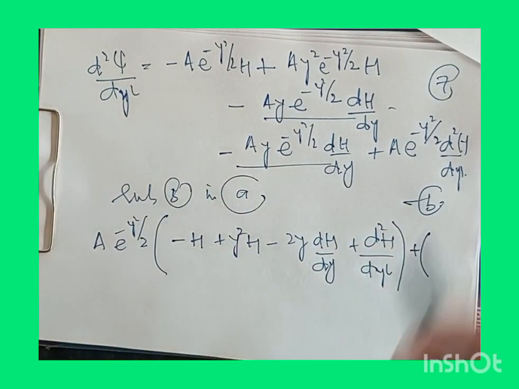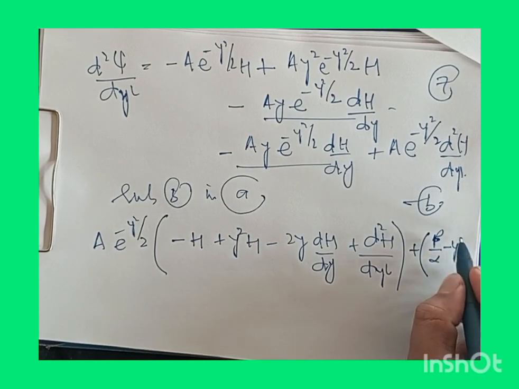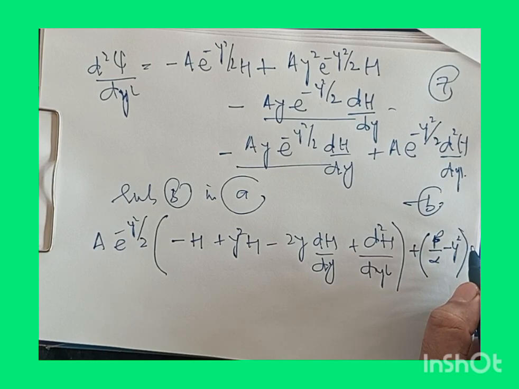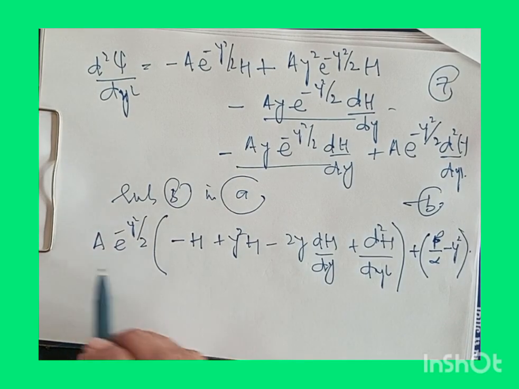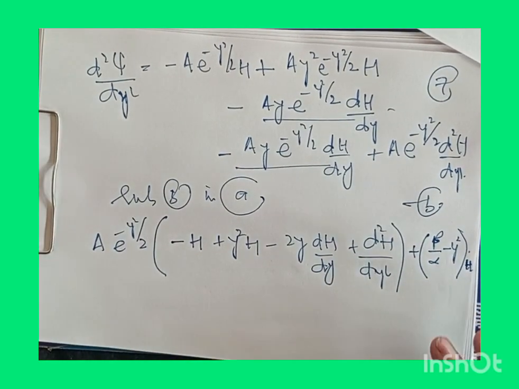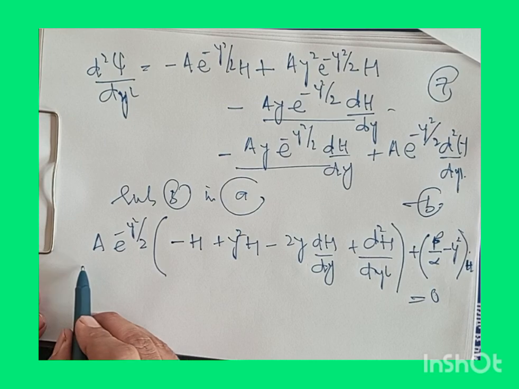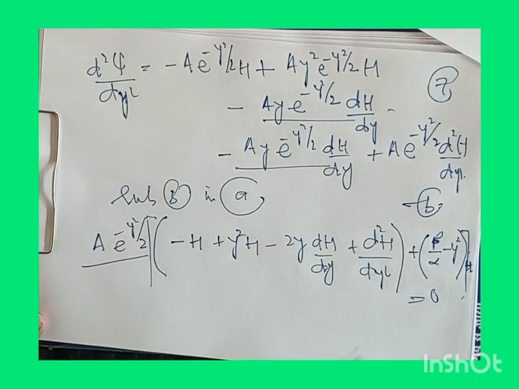Then I have beta by alpha minus y squared times, here I will have for psi the same thing that I have chosen. So a e to the power of minus y squared by 2 will be out from that also. Here I will be left with h, this Hermite polynomial function, and this whole thing is going to be equal to 0. Now the common factor is not equal to 0.